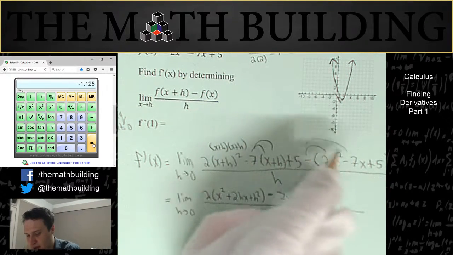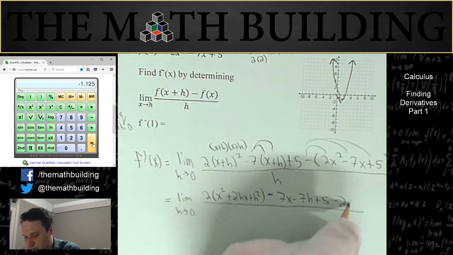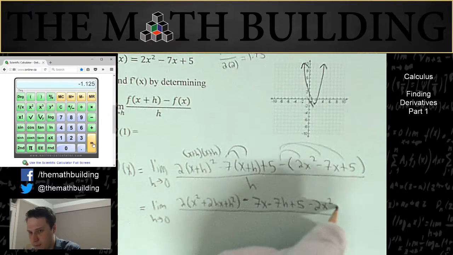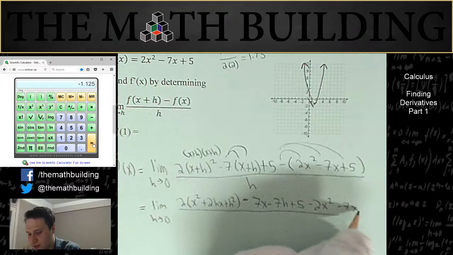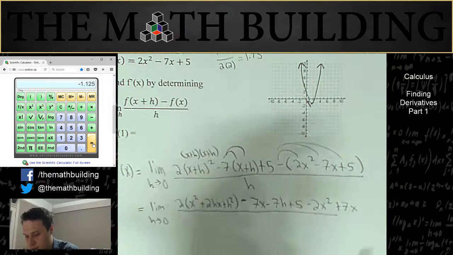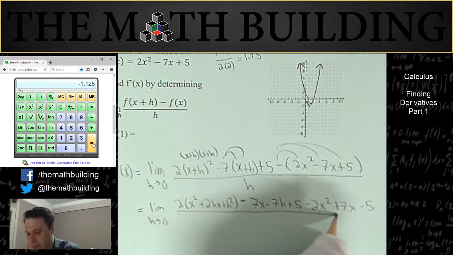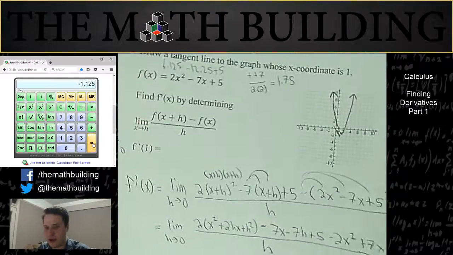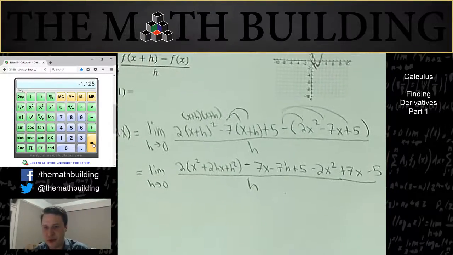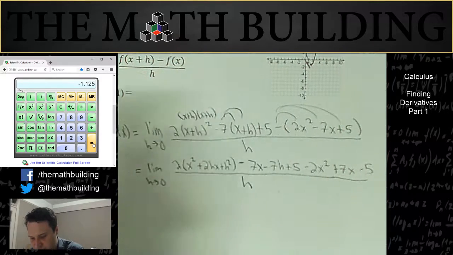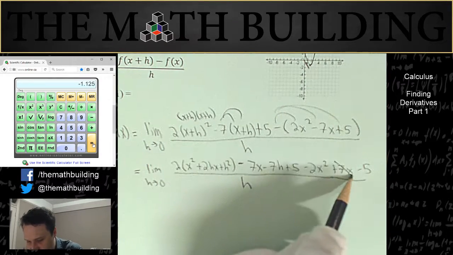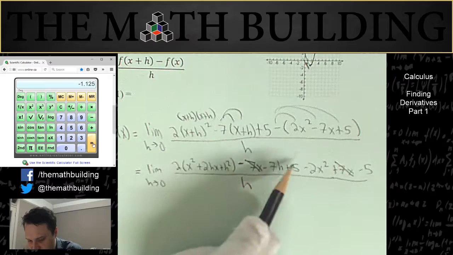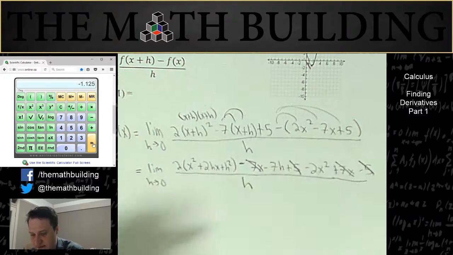And then distribute the negative sign: minus 2x squared, minus 7x plus 7x minus 5, all over h. All I did there was some simple algebra, distributive property, and FOIL. I already see some stuff cancels: 7x cancels negative 7x, and 5 cancels negative 5.